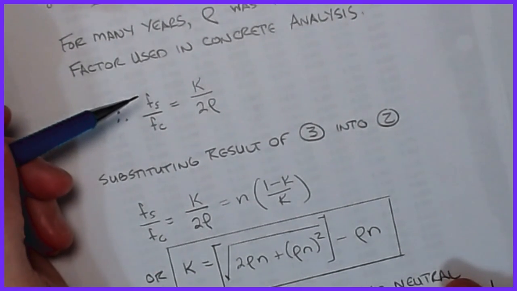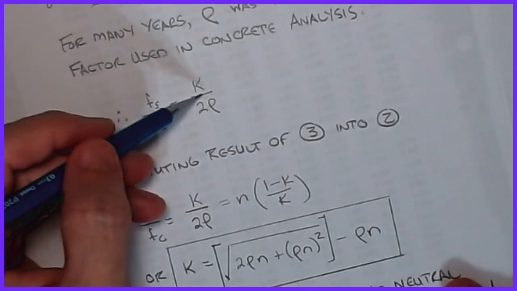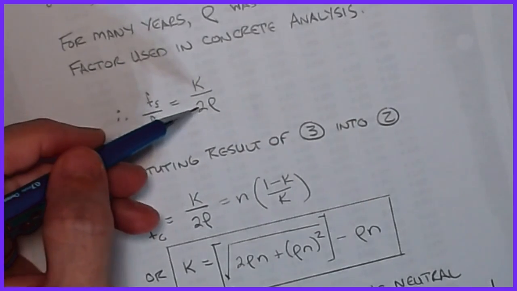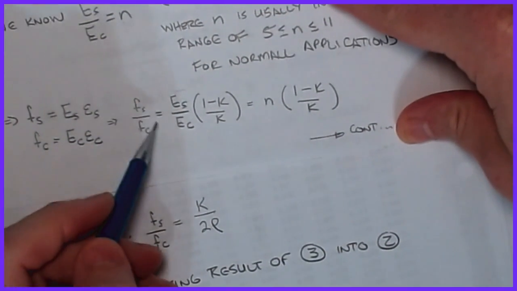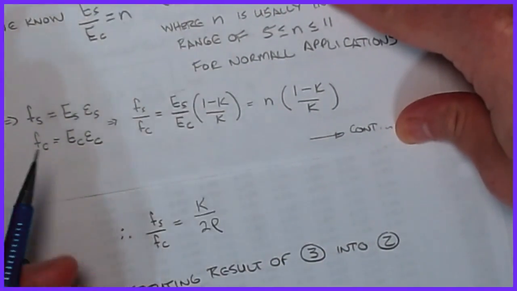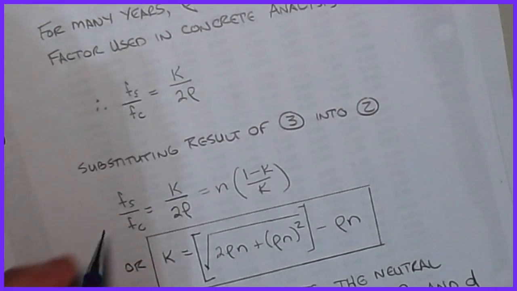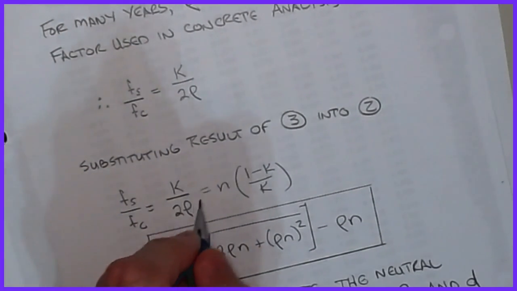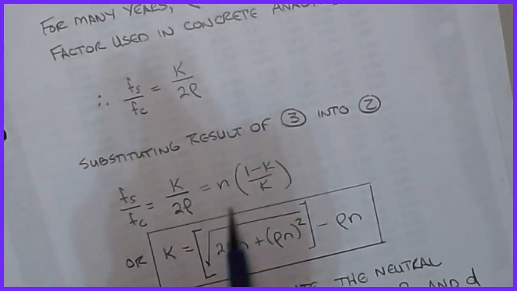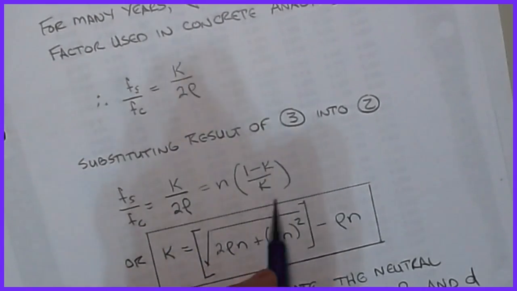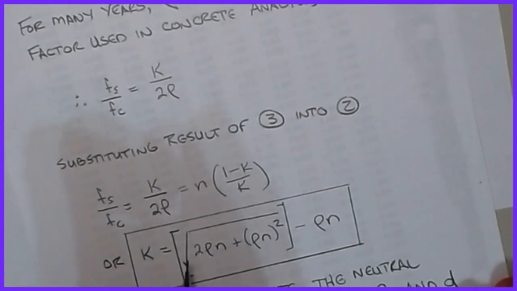So all I'm going to do now is set those two FS over FC equations equal. I've got my K over 2 rho equation that we just talked about, and then the equation that we had here for FS over FC, which is 1 minus K over K times N, and they're the same function. So I can say, all right, K over 2 rho is equal to N times 1 minus K over K, and all of a sudden what pops out is a function in terms of K, and this is quadratic if you rearrange it, right?